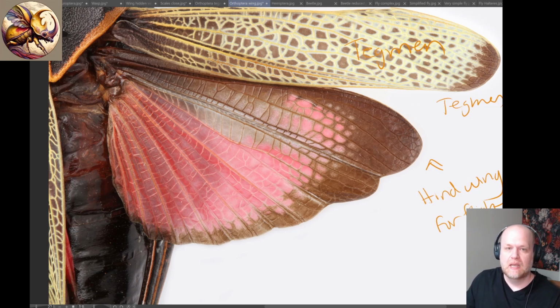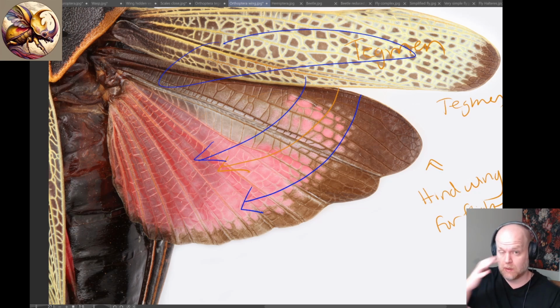But because they have this tegmen, the hind wing has to do all of the work, so they tend to be very large, and these fold into themselves. Let's go with a darker color here. If you were to collect one and kill it, you would see that these wings fold into themselves, kind of like a paper fan, and the tegmen sits on top of it, protecting the whole thing. So that's how that works.